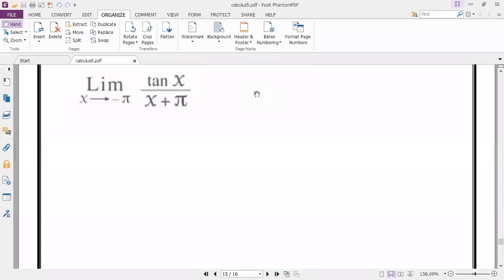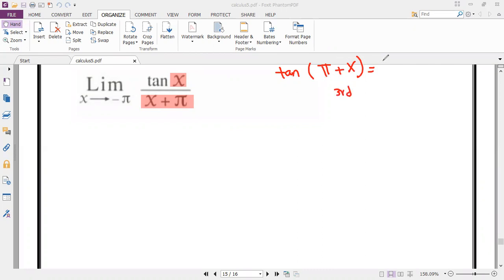Let's have a look at this question here. I have tan x over x plus pi. I want to make the two variables the same. So you know that tan of pi plus x, 180 plus x, this angle lies in the third quadrant, and tan in the third quadrant is positive.